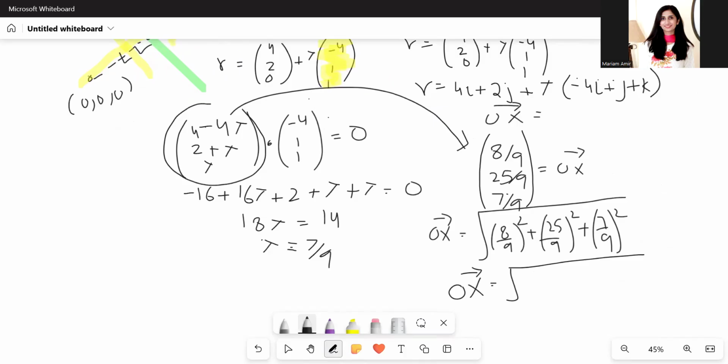Just ignore the square root first, square all these values and sum them. You will get 82 over 9, and that simplified would be the square root of 82 over 3, and hence shown.